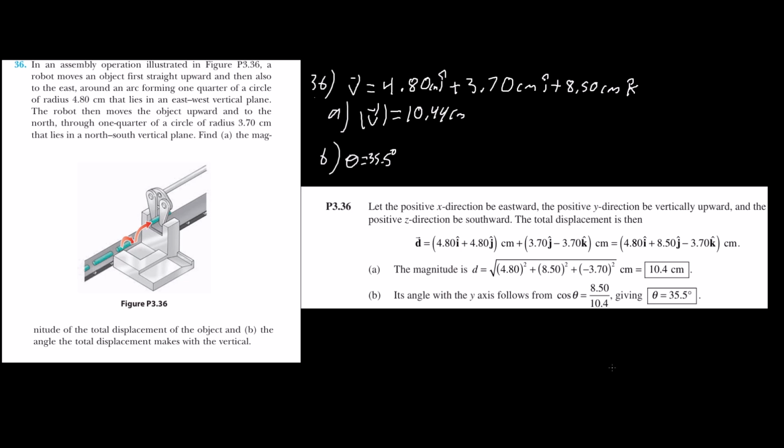I don't know why they call it the y-axis. The tradition is so weird. But regardless, folks, the angle is the same. And 10.4, I don't know where they got that from. I don't think they specified, but that might be the radius. It's probably going to be the square root of 4.8 squared plus that other component squared.